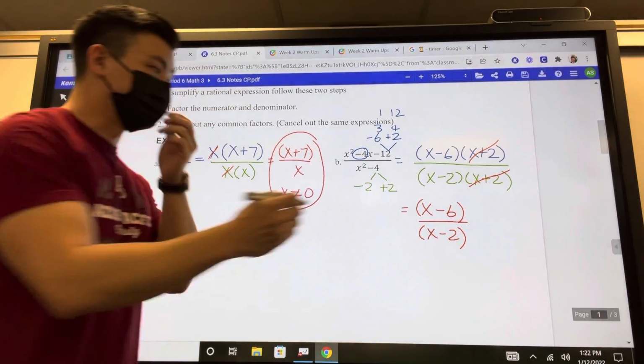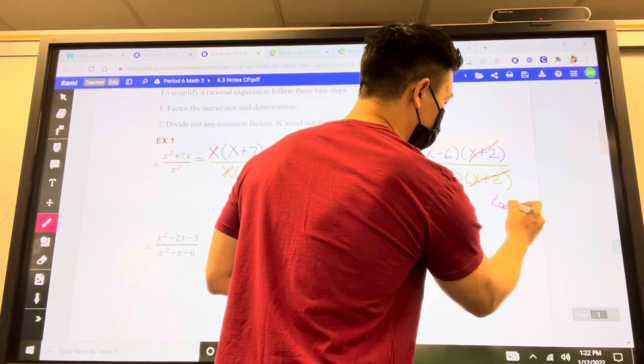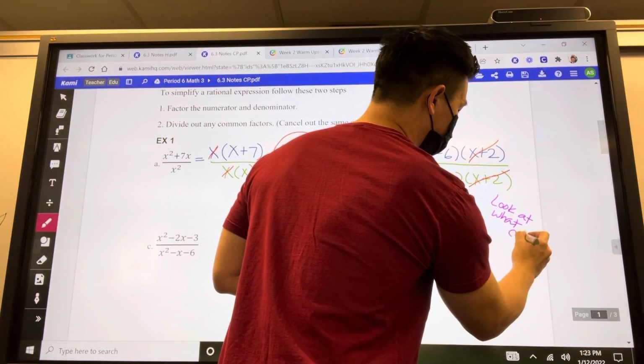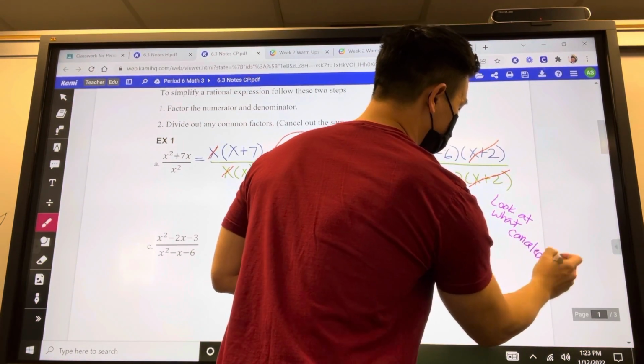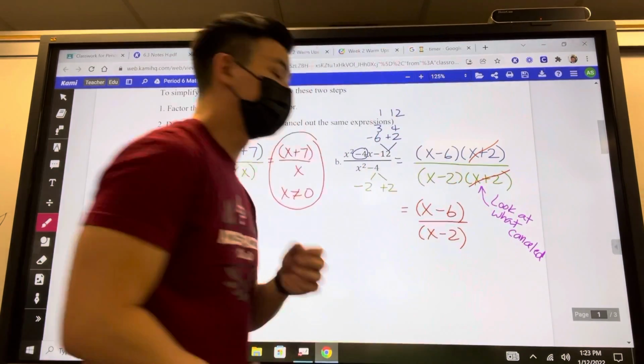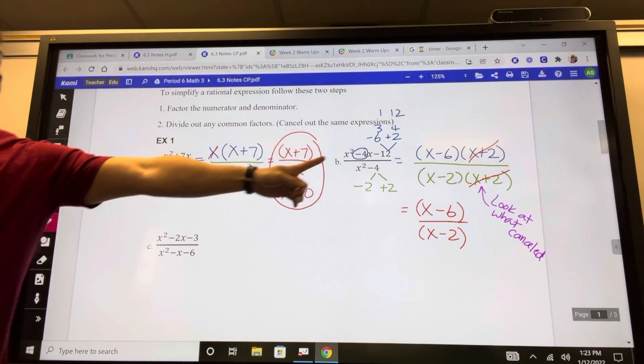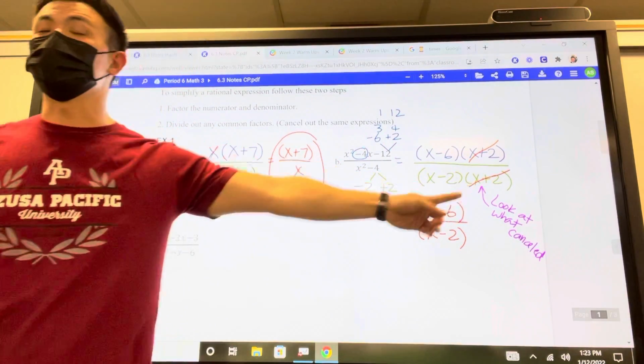So what I want to do is look at what I canceled. If that expression is equal to 0, then that's no good. So what number can I plug into this expression to make this equal 0?